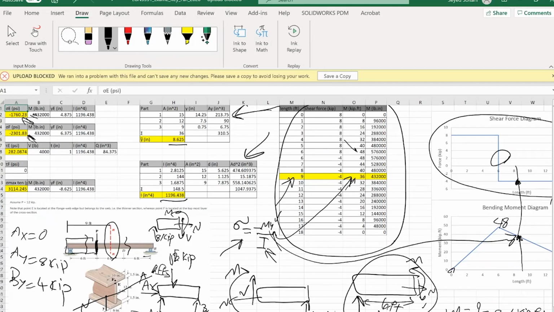And for that particular case, the area moment of inertia would be the same over the section, the same one that we use for calculating the stresses at points E and F. The bending moment would also be the same, because that's the same for the entire cross section. The only difference would be the value for y. So that's from the neutral axis to the bottommost layer, which is equal to this.